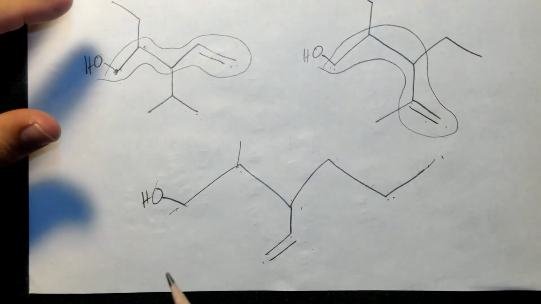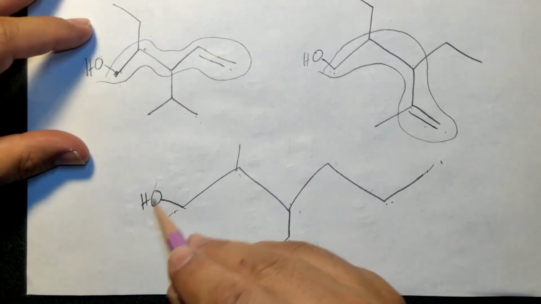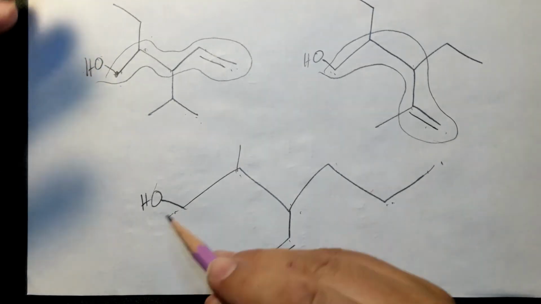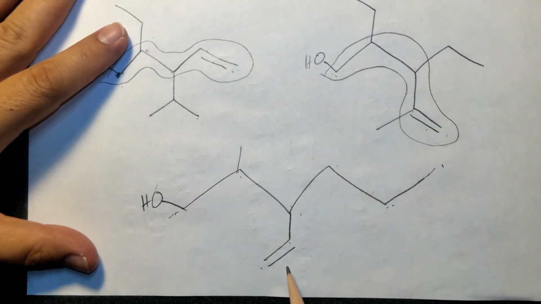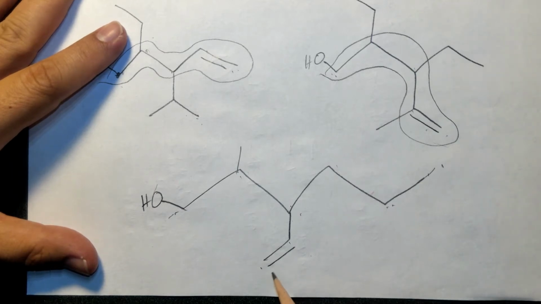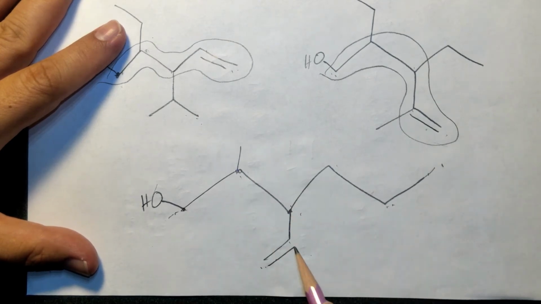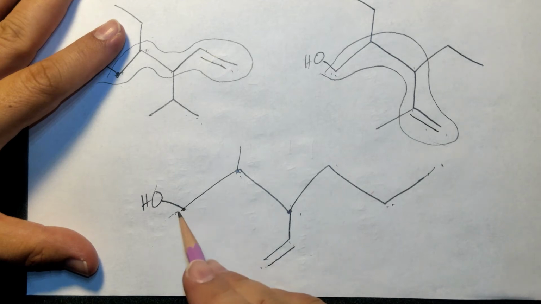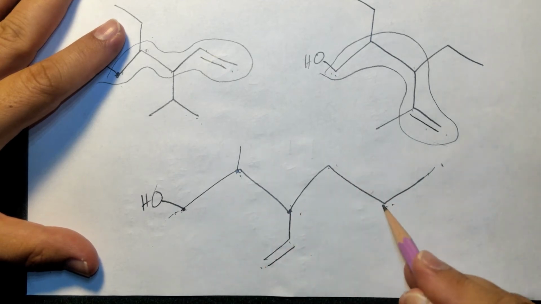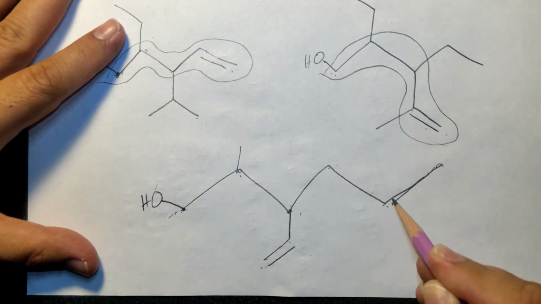Once again, though, the greatest priority besides the functional group is that it's the longest chain. So even though there is some unsaturation down here, if you were to try to make this part of the parent chain, then you would have 1, 2, 3, 4, 5 carbons versus 1, 2, 3, 4, 5, 6 carbons.